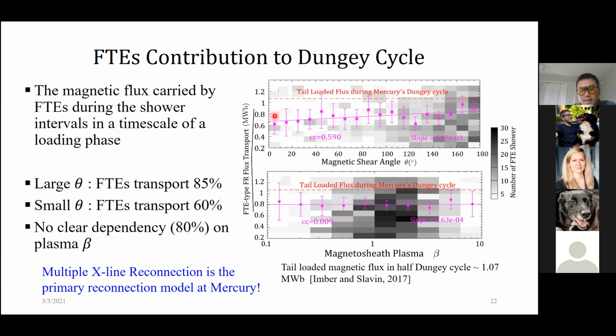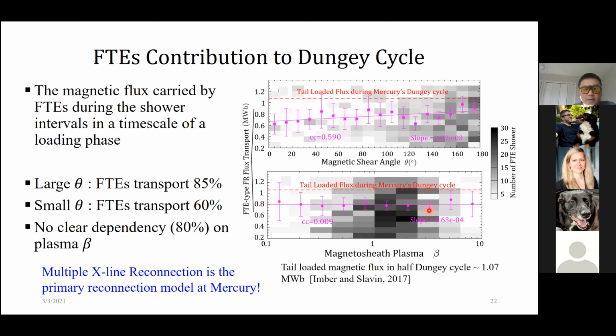That is, at lower magnetic shear angle, the amount of magnetic flux transported is like 60%, and at higher magnetic shear angle, it is like 80%, 85%. And it does not show clear magnetospheric plasma beta dependence. That is, around 80% of the magnetic flux will be transported by flux transfer events during Mercury's Dungey cycle.